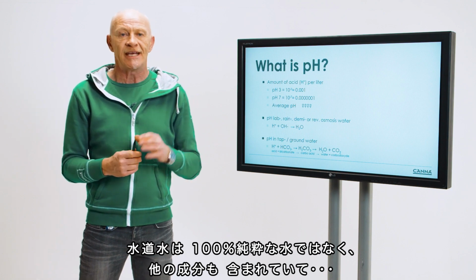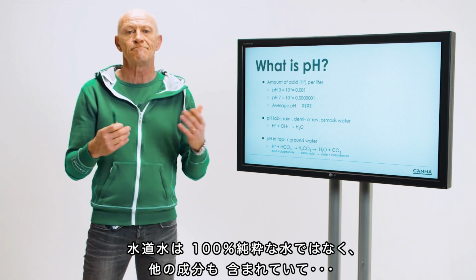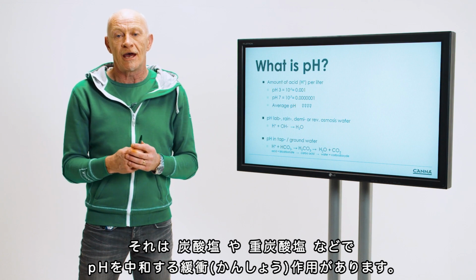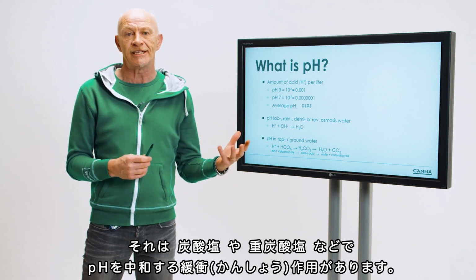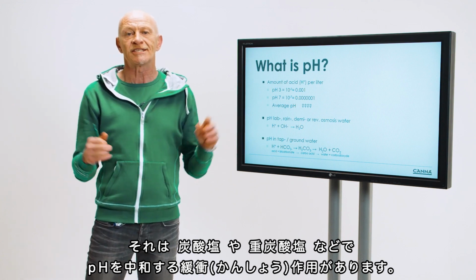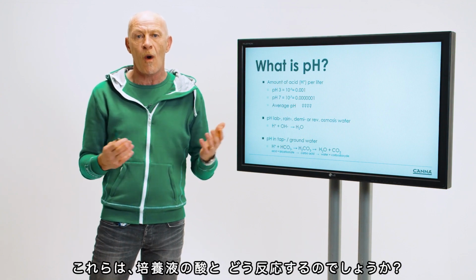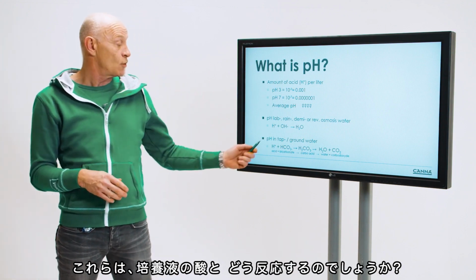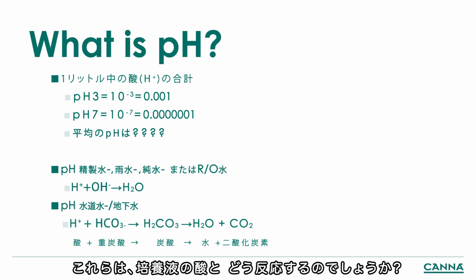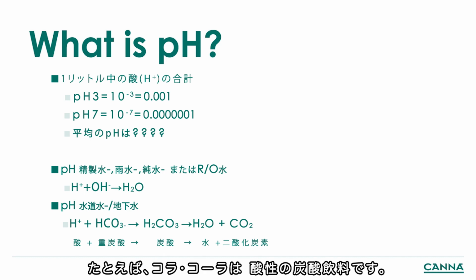Tap water is not 100% water. It's a mixture combined with carbonates or bicarbonates, which is a kind of pH buffer. Why? It can react with the acid in the solution. For example, if we have Coca-Cola, that is an acid solution with carbonates.